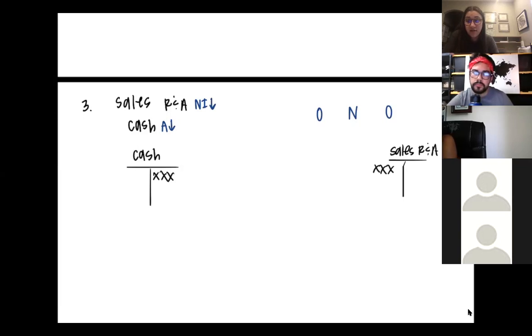So now I have to give him back $400, and he gives me back the stuff. But this is under the periodic system, so the stuff he gave back doesn't matter right now. Now I have to lower my sales because I didn't make a sale of 1,000, I only made 600. So if I recorded my original entry as $1,000 to sales, it's really only 600, so my net income was overstated by $400.